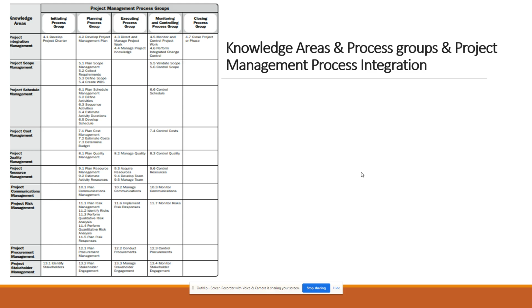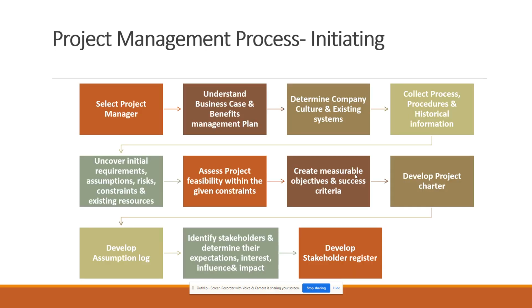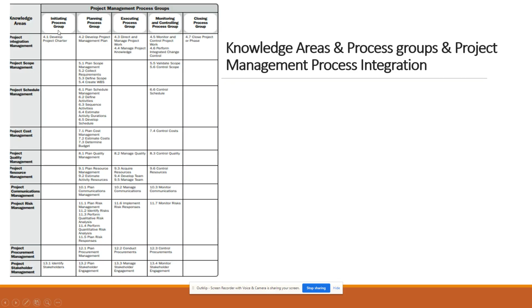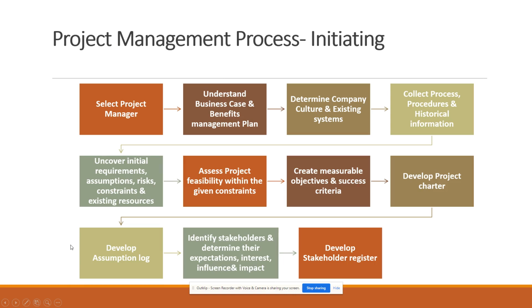So if you see the initiating phase, there are only two project management processes: develop project charter and identify stakeholders. Develop project charter is part of project integration management. Identify stakeholders is part of project stakeholder management. But we have seen so many processes; that was for your understanding of the concepts.